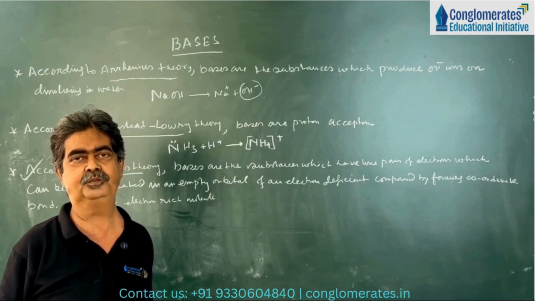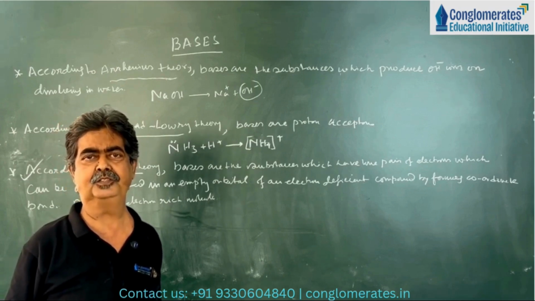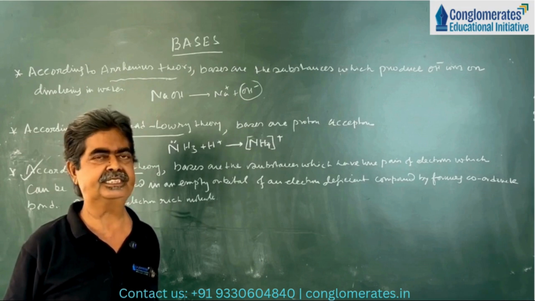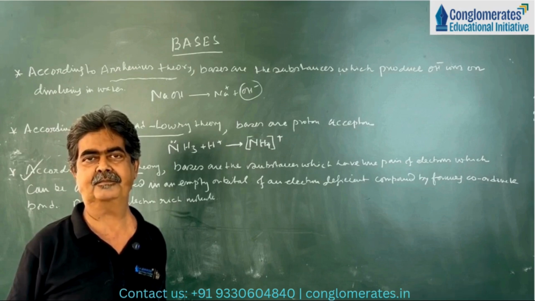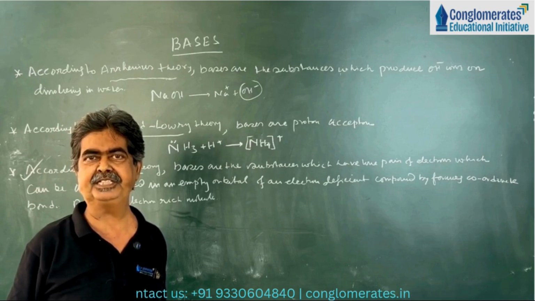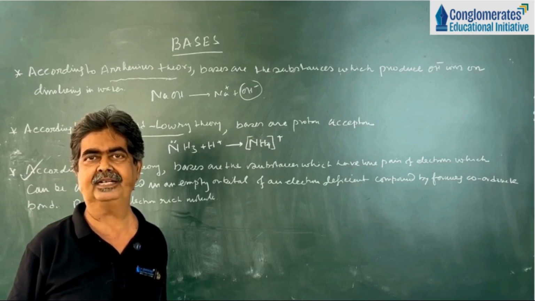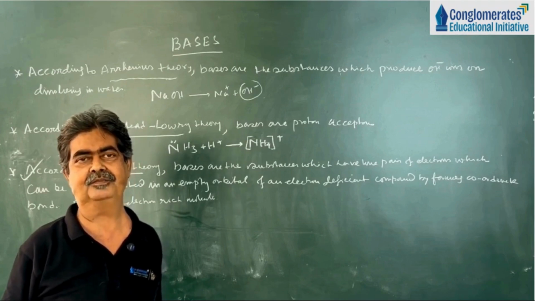Then they are called Lewis bases. I repeat, bases according to Lewis theory are the substances which have a lone pair of electrons that can be accommodated in an empty orbital of an electron deficient molecule by forming a coordinate bond.